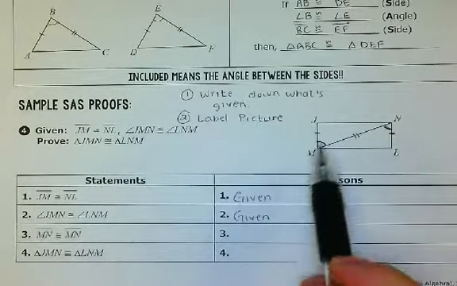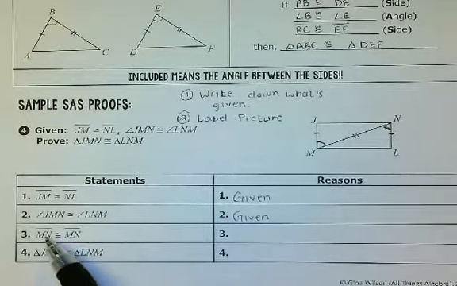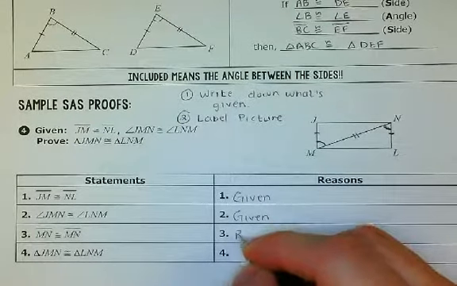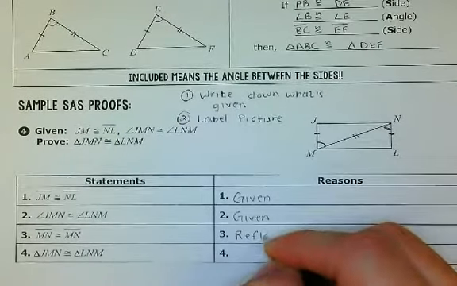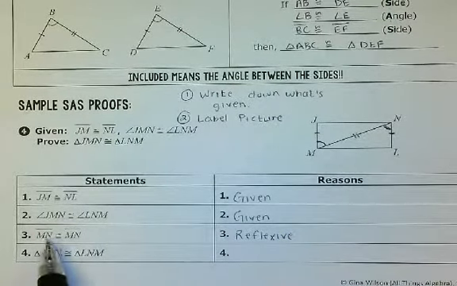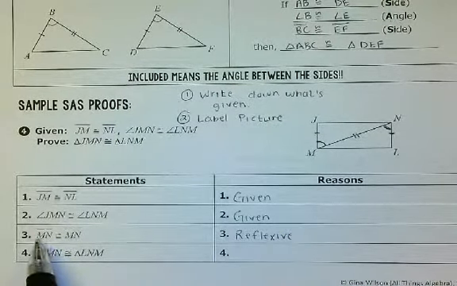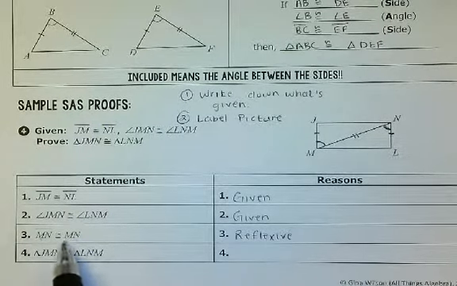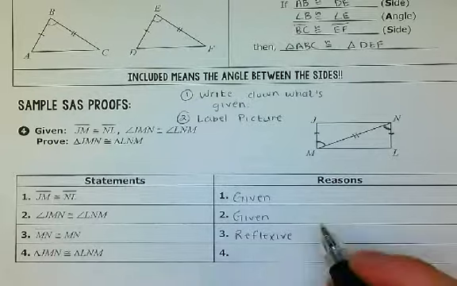So, anytime that you have something similar to this, what we can do that's very special is we can just write down reflexive property. The reflexive property just states that basically side MN is congruent to MN. If you flip this around, it'd just be the same exact thing.